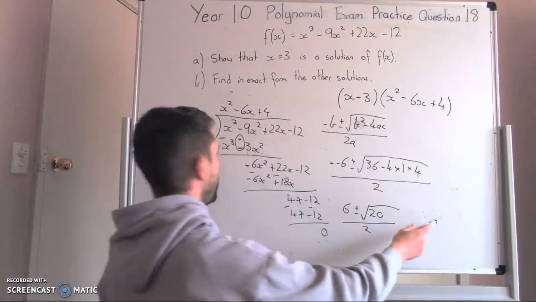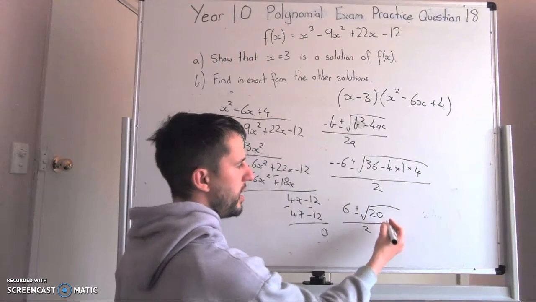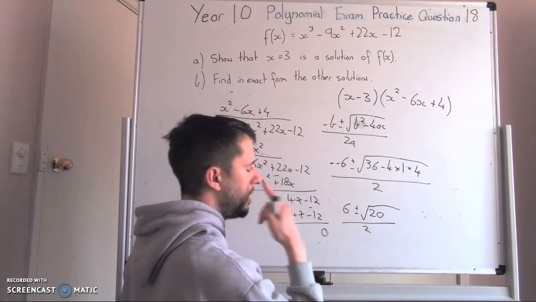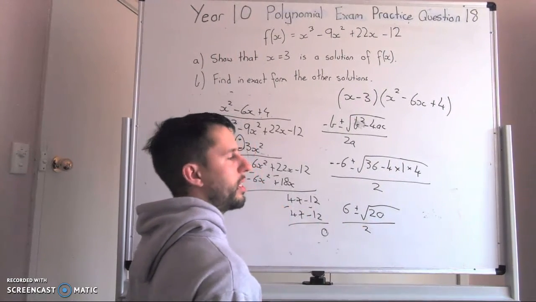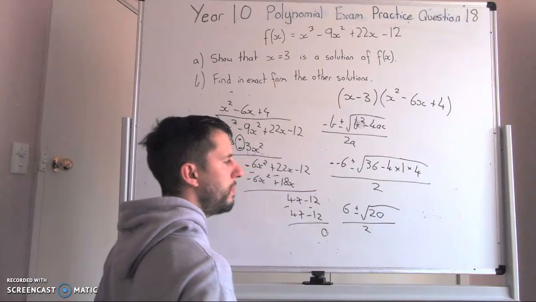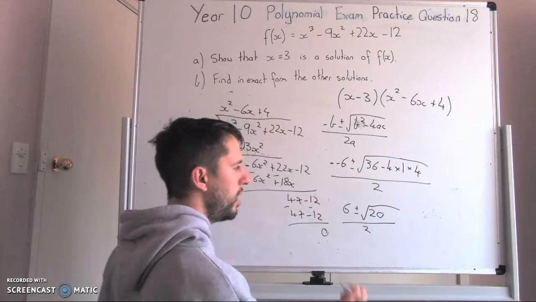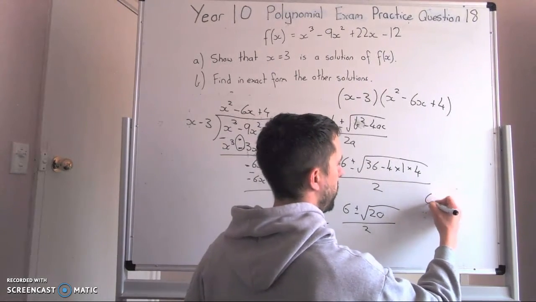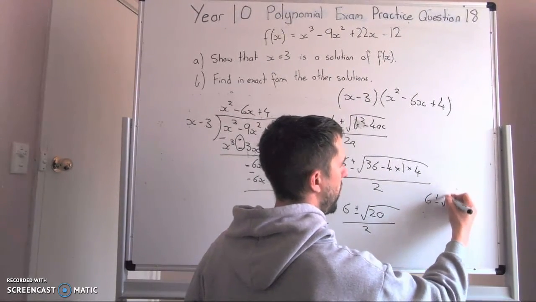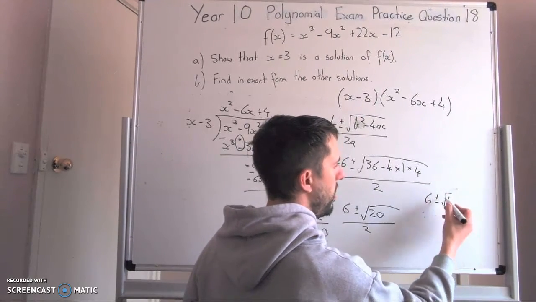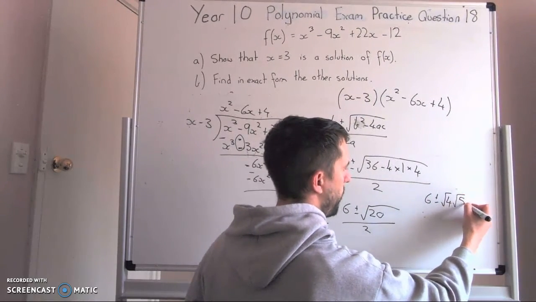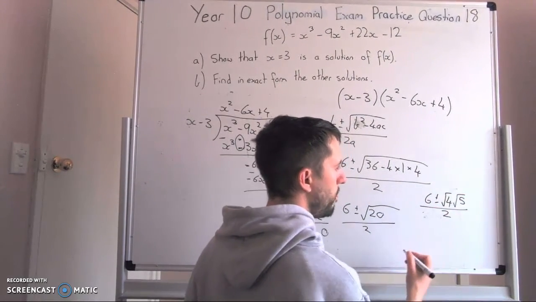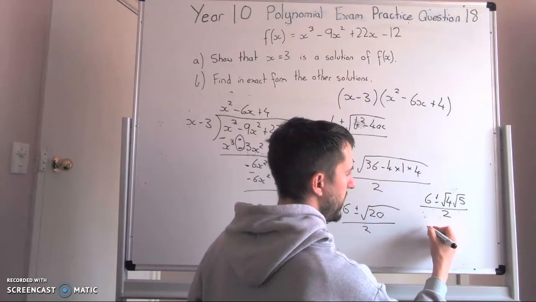Now, the next step that I need to do here is I would like to look at this in terms of creating a surd. So I need to look at two numbers that times together to equal 20, which is 4 times 5. So it's same as me saying square root 4, square root 5 over 2. Square root 4 is 2.